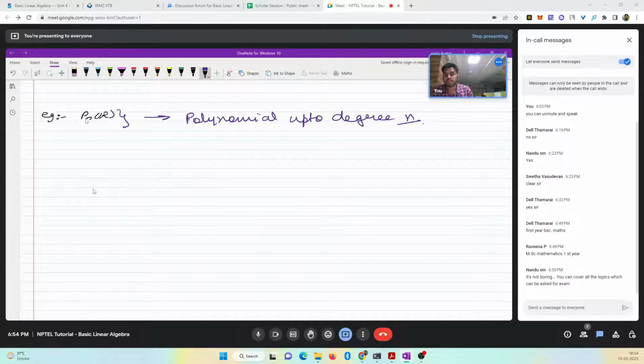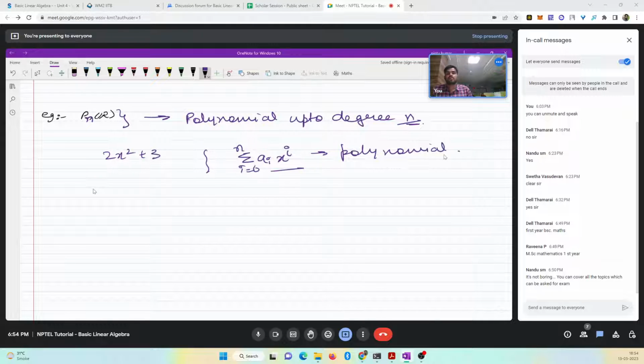I'm sure that all of you know what a polynomial is. A polynomial is something of the form, let's say, 2x square plus 3. The generalized form is summation a_i x to the power i, where i goes from 0 to n. Something of this form is called a polynomial.